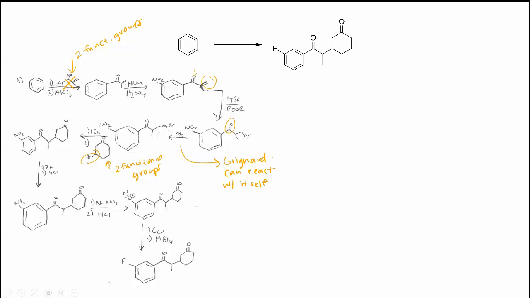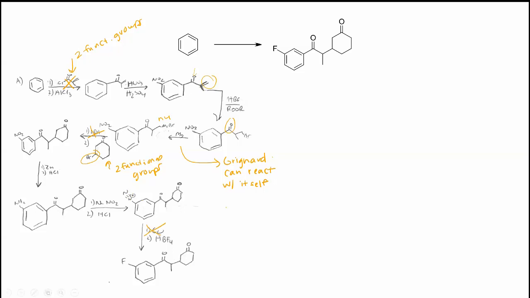It's kind of cheating there. But let's say that one did work. You wouldn't need LDA because your Grignard is already nucleophilic. And then they did the zinc, HCl to reduce the amine, which is okay. And then they used HONO to convert it to the N2 and then added the fluorine there.